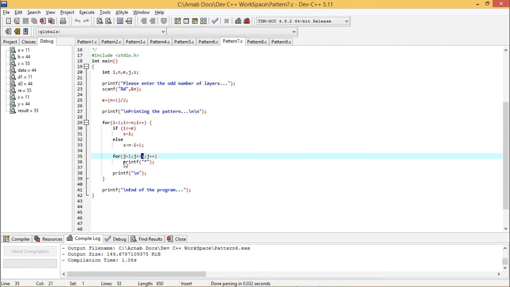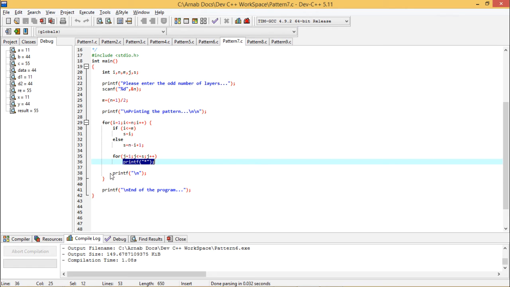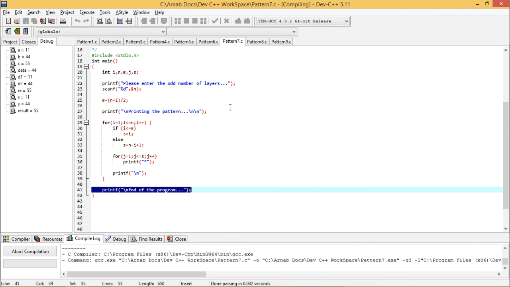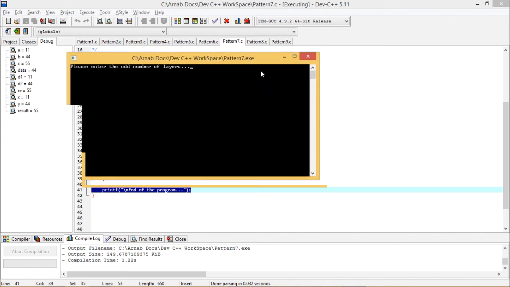From 1 to S the star is printed, and slash n breaks the line. In this way the loop keeps executing, and at the end the program is finished.